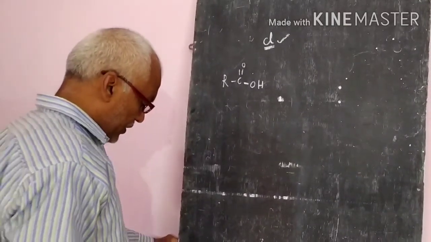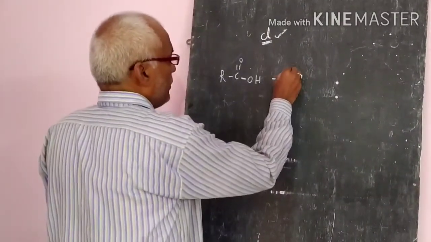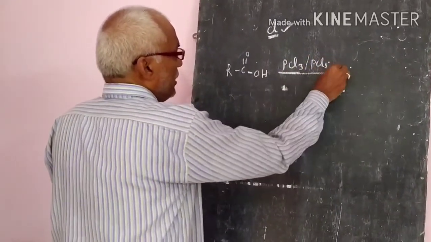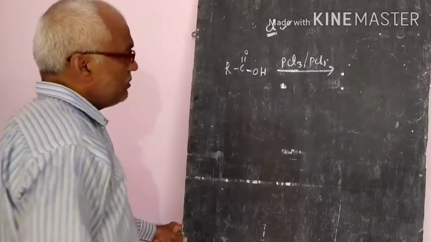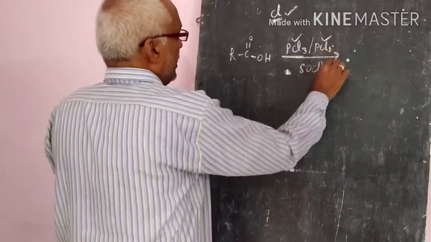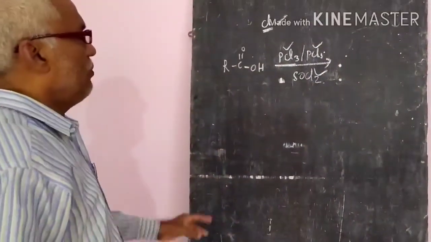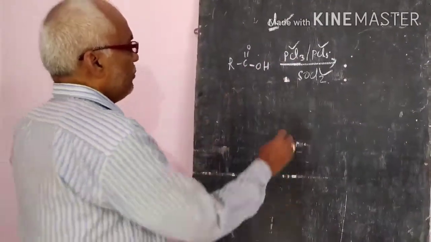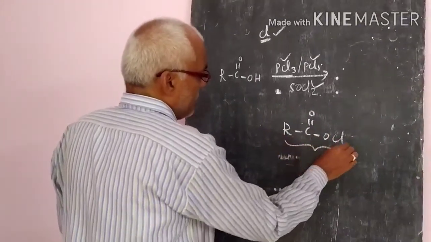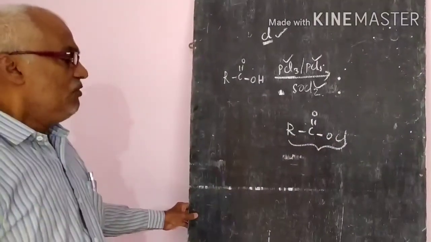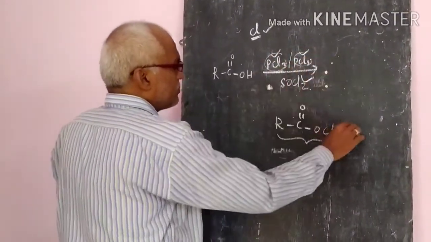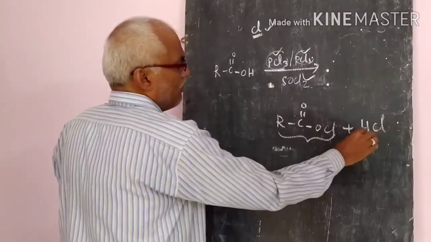When it reacts with phosphorus pentachloride or phosphorus trichloride, or one more, thionyl chloride, SOCl2, in the presence of any of these 3, RC double bond OH gets chlorine and forms RC double bond OCl, that is acid chlorides or acyl chlorides. HCl, hydrochloric acid, is also formed in this reaction.